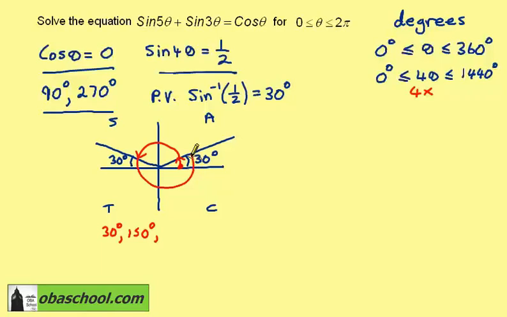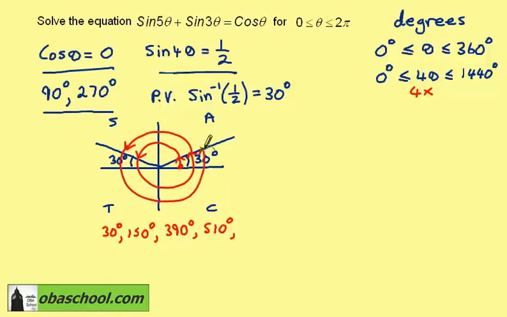If we go all the way round through 360, we meet this again at 390. Note that 30 add 360 is 390. Continuing around, this solution is at 510 degrees. Note once again that 150 add 360 is 510.